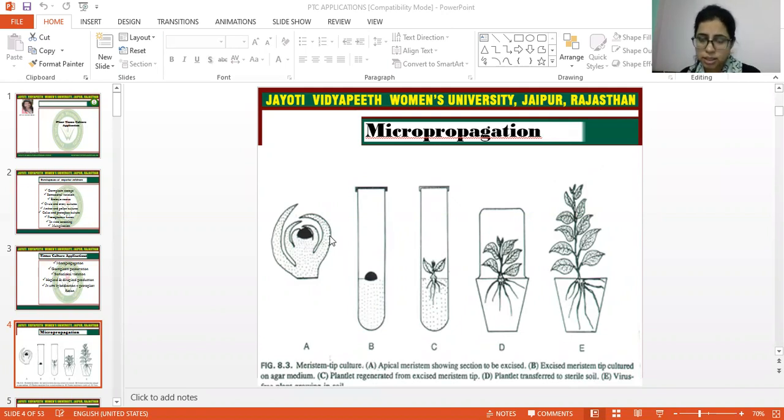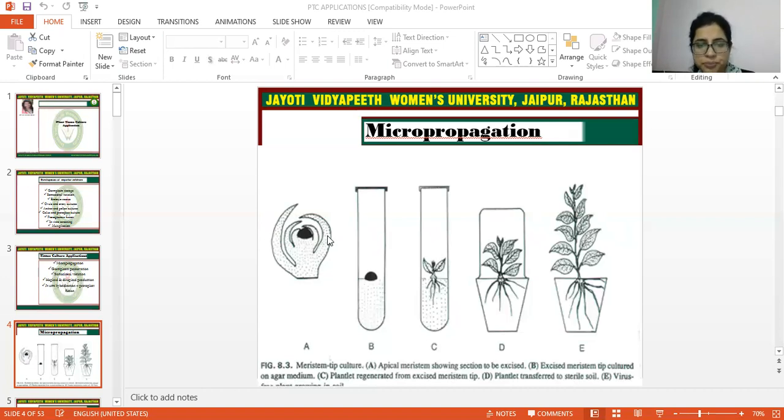So this apical region is a virus-free region, because the virus is not able to divide itself at this fast speed in a cell. That's why we select only this region, and it is the best choice for explant.